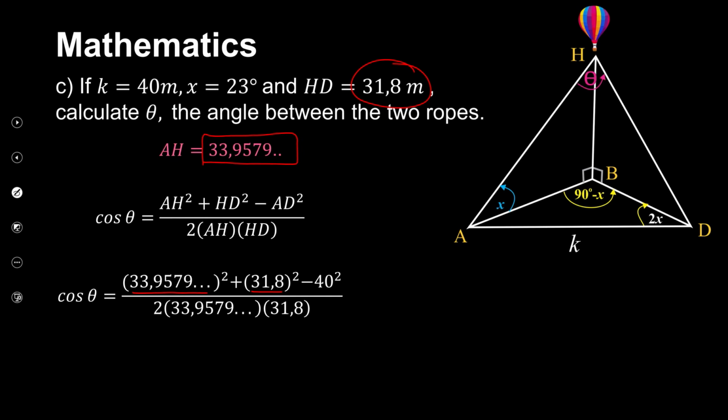And remember again, because we're finding theta, when we're doing our calculator work, we've got to use shift cos when we're finding the angle. Okay, so basically we're going to end up with cos of theta equals this expression here, and we're going to find theta from there, and we're going to end up with theta roughly equal to 74,85 once we've rounded off to 2 decimal places.